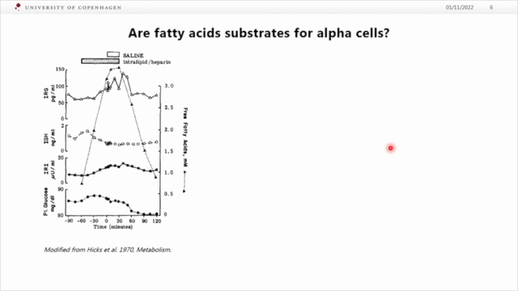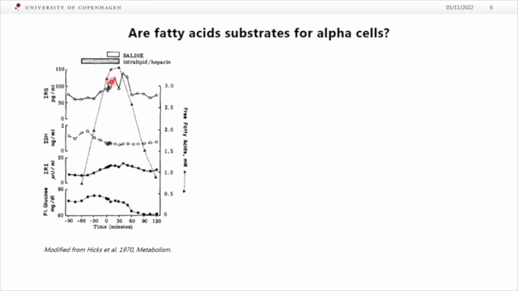My favorite suggestion is fatty acids, and this has been something that has been debated in the literature for a very long time. I think the first data on whether fatty acids regulate glucagon secretion came out in 1967, and at that point no one really agreed on what was happening. But one of the really interesting findings, I think, is what you see here.